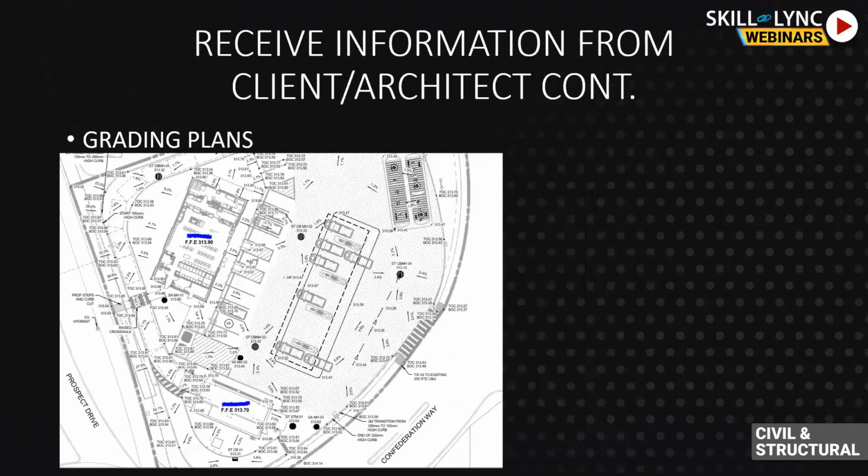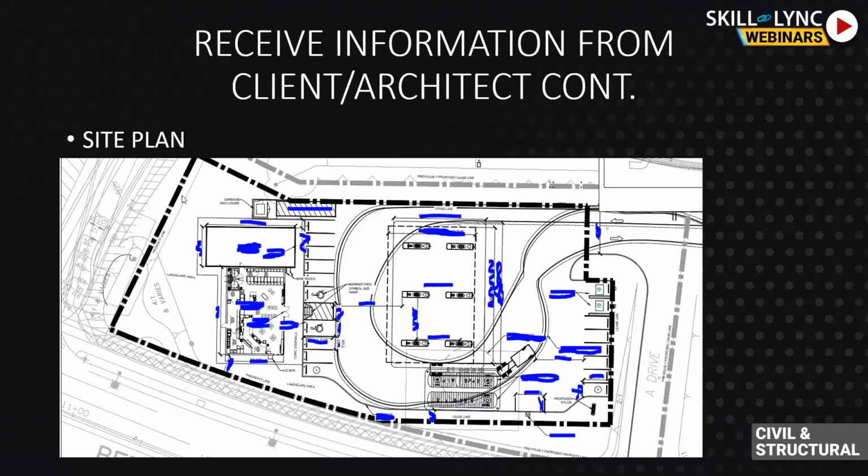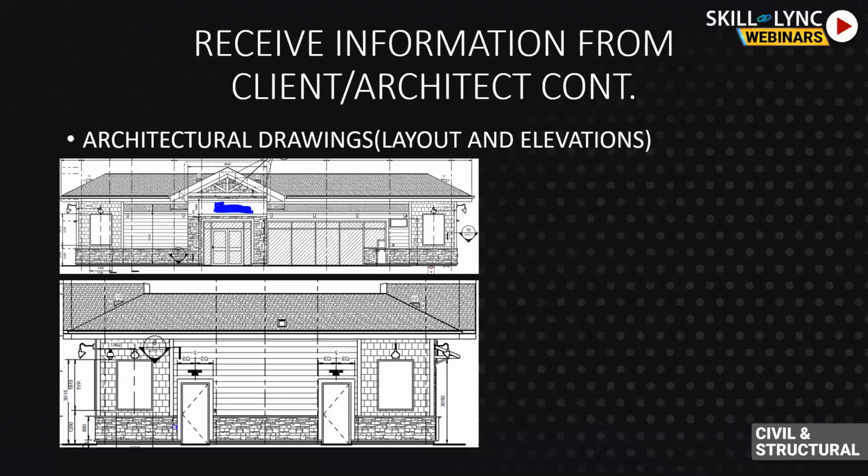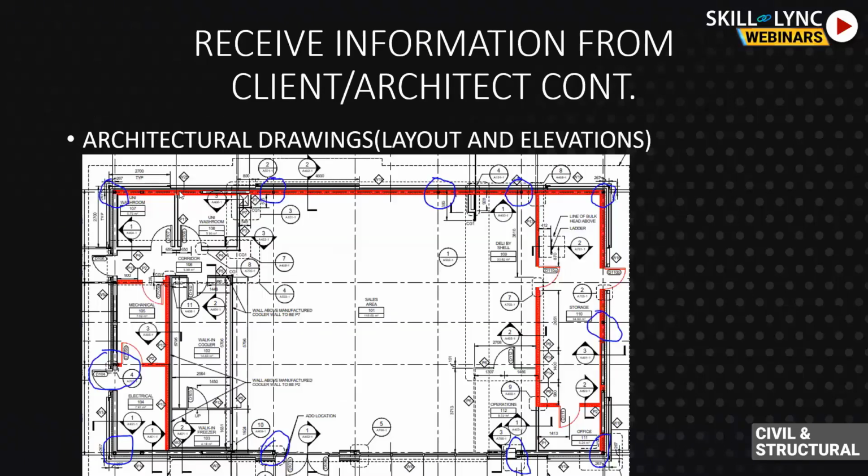Let's say, just to quote an example, if the architect is showing that this wall is a masonry wall, and if I want to have this wall as a structural wall, I would have to make it a masonry structural wall. It can be reinforced, it can be not reinforced, but it's an architectural suggestion, so I have to go with it.